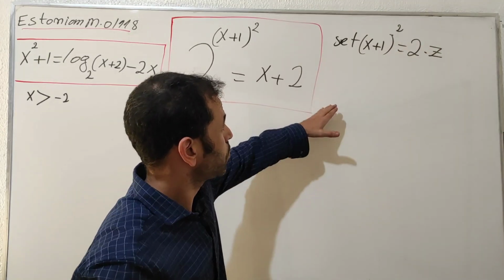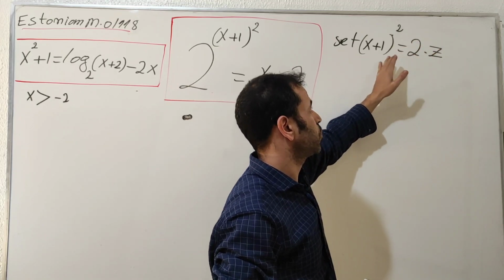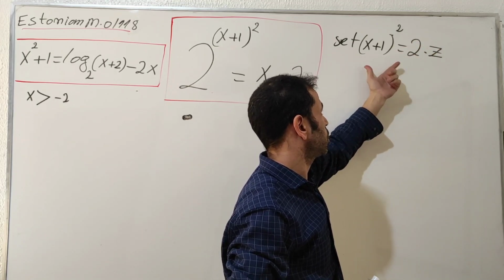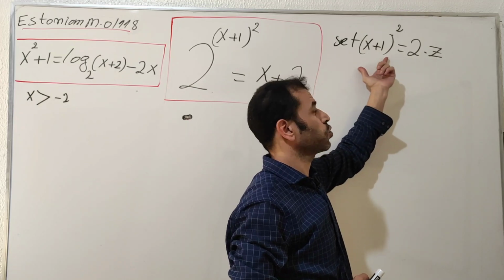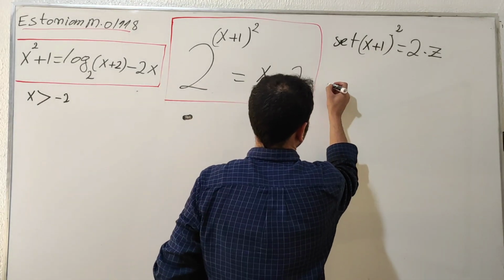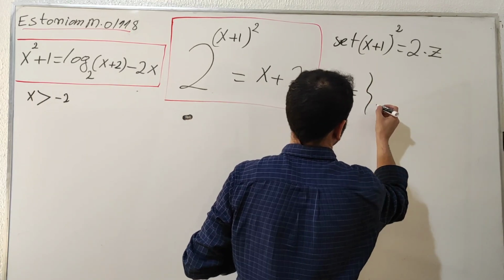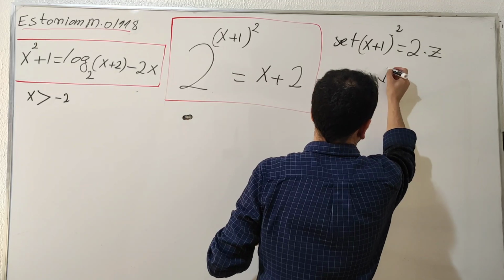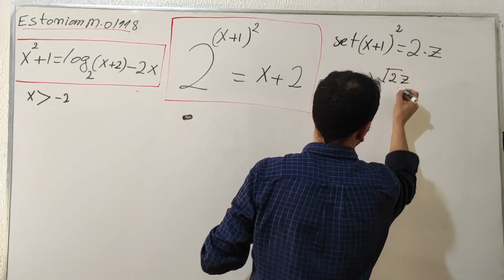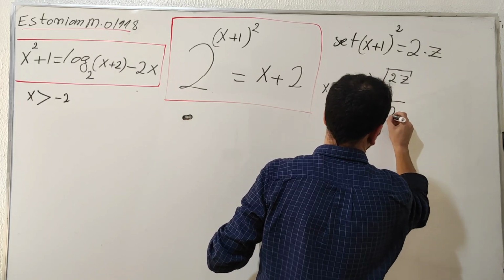Now remember here, we are going to take the square root on both sides. You will have two different values. We get a positive value if x plus 1 is positive, and a negative value if it is negative. So after I take the square root, I get x plus 1 equals square root of 2z, and also x plus 1 equals minus square root of 2z.